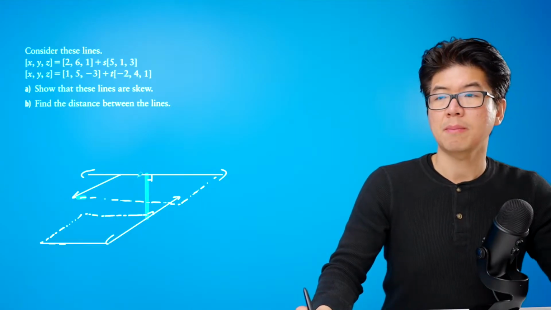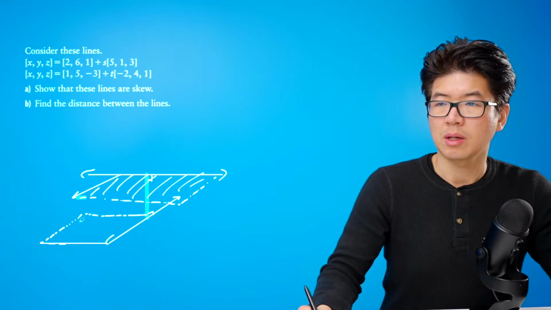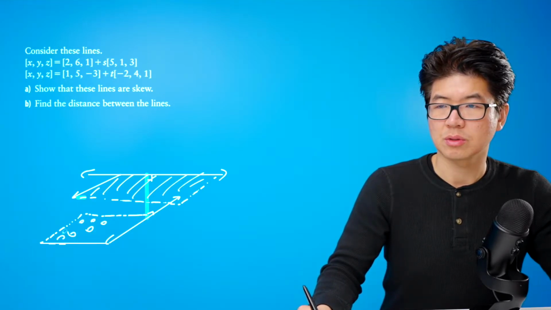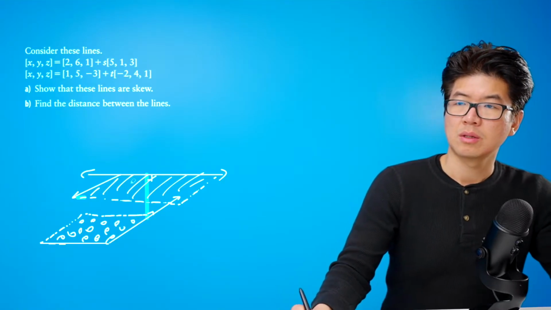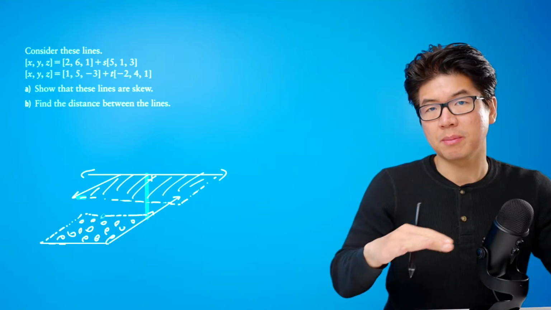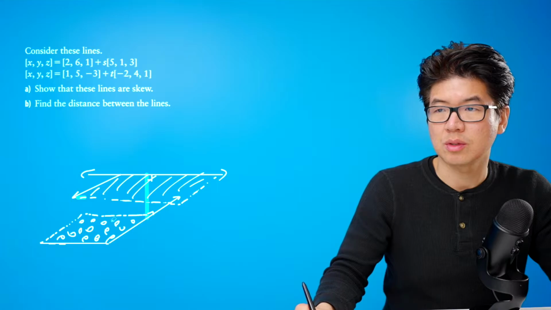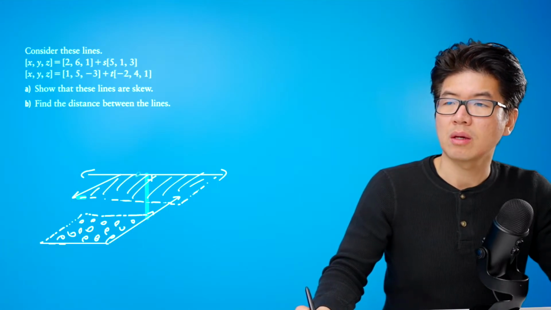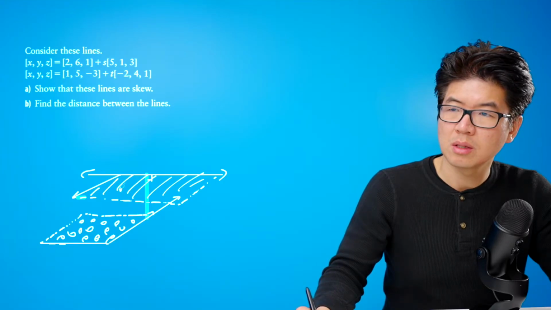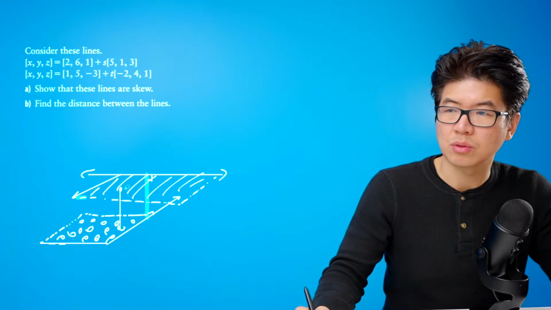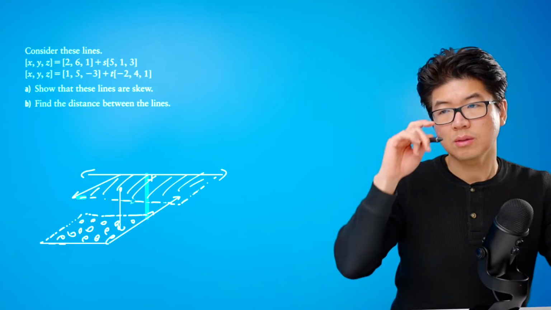The top plane here, I'm just going to circle it just so you can see the texture is different. These two planes must be parallel because they have the exact same two direction vectors. So now it makes sense. That means the shortest distance between the two lines must be the perpendicular distance between the two planes. So this is the approach.